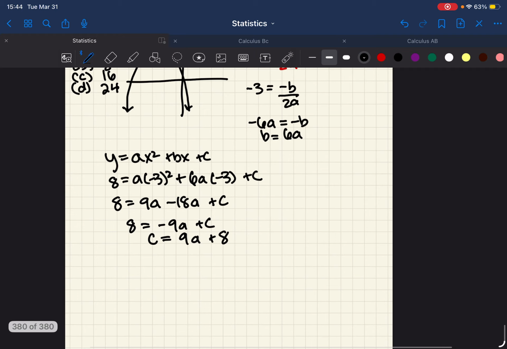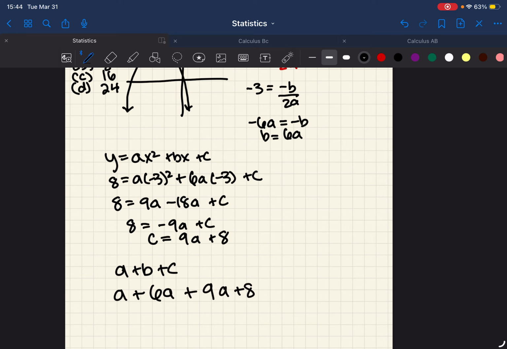So I need to take a plus b plus c and plug in all the values that I found. So a, plus b, which is 6a, plus c, which is 9a plus 8. If I combine all these terms, a plus 6a is 7a, 7a plus 9a is 16a, and then plus 8. So this entire thing is equal to 16a plus 8.